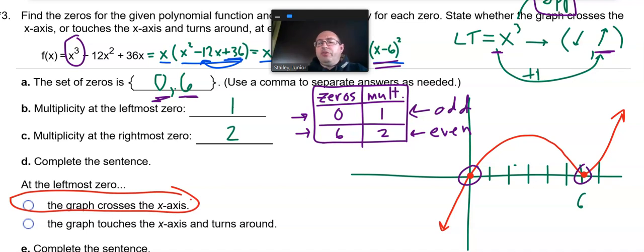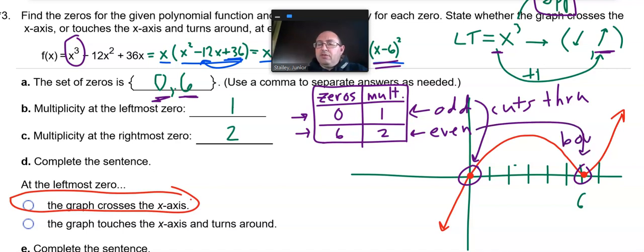When you have an odd multiplicity, it cuts through the axis. Cuts through. When you have an even multiplicity, it bounces off the axis. Okay? That one is actually noted in a song, a very popular song by, who was it?